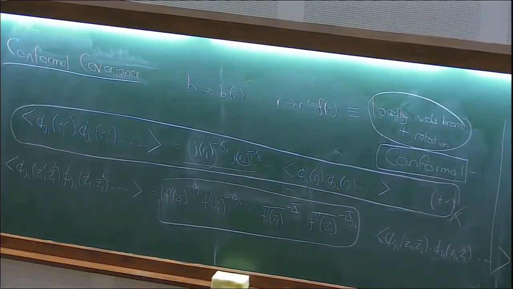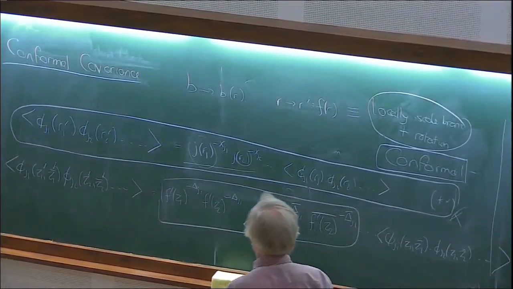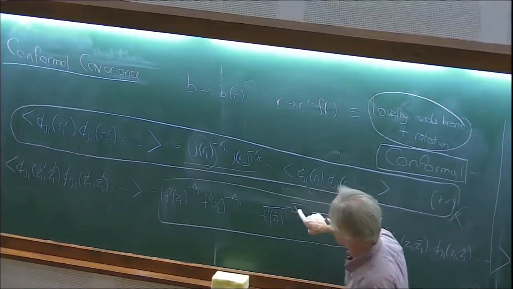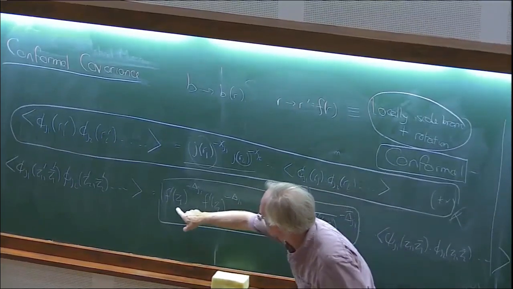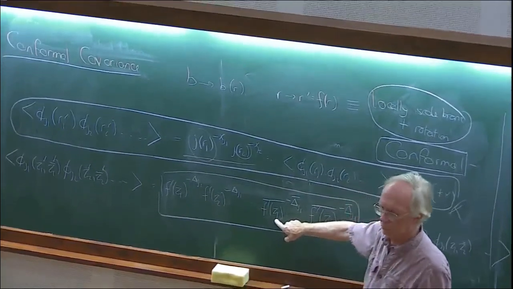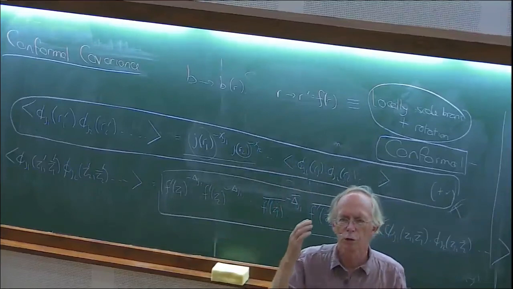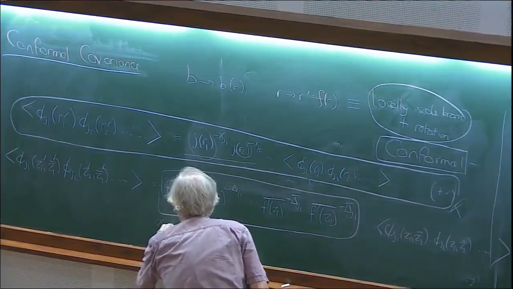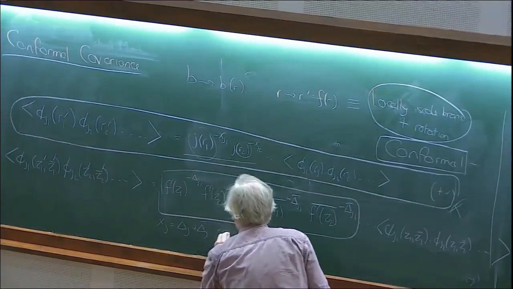And these are the complex versions of what I call the scaling dimensions x. So if this number delta is the same as this number delta bar, then this term combines with this one to make the modulus of f prime, which is just the Jacobian. So x_j equals delta_j plus delta_j bar is the scaling dimension.